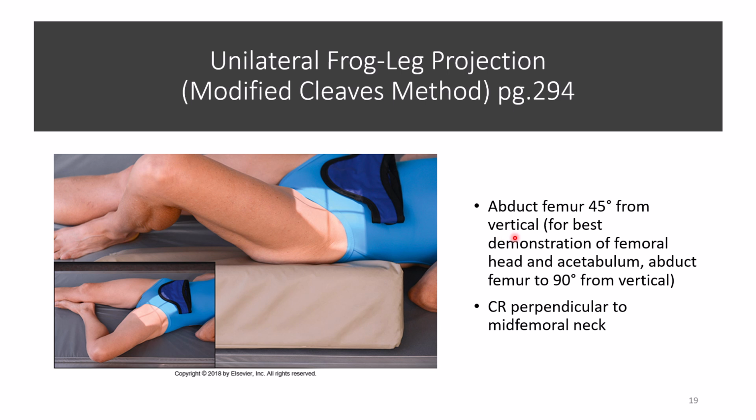That one will literally demonstrate the proximal femur region, and it's usually done for just general survey. If you wanted to demonstrate the femoral head and the acetabulum, then you would abduct the leg 90 degrees from vertical.